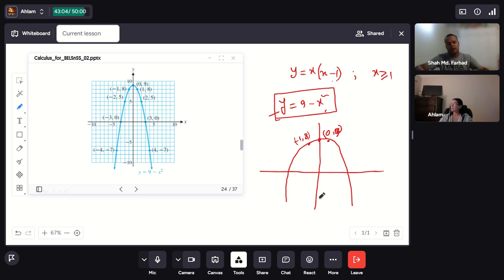Nowadays we don't actually need to draw on graph paper. You just put the data in Desmos or GeoGebra, or apps of this type. Or you can also use a calculator.